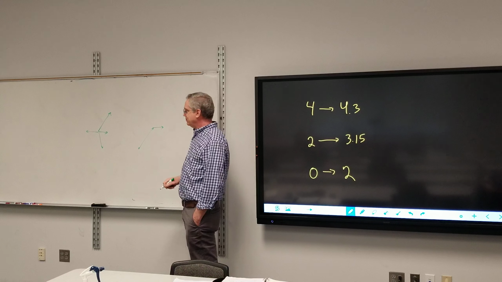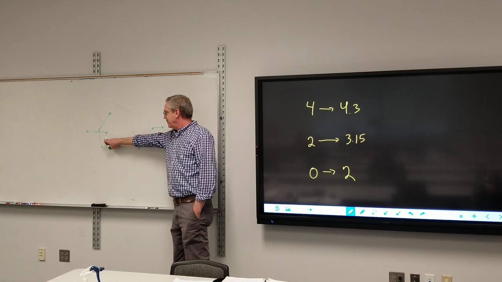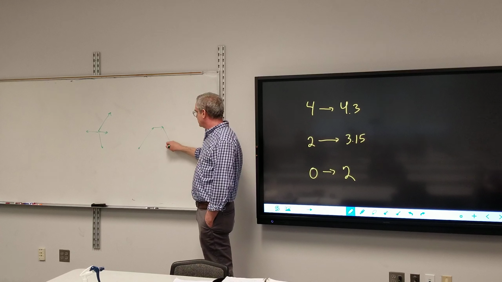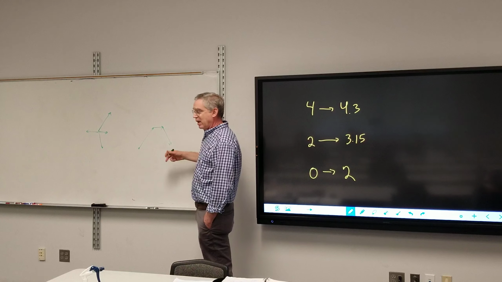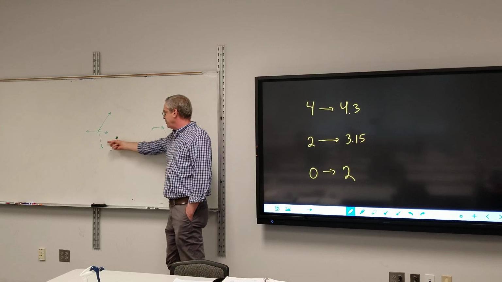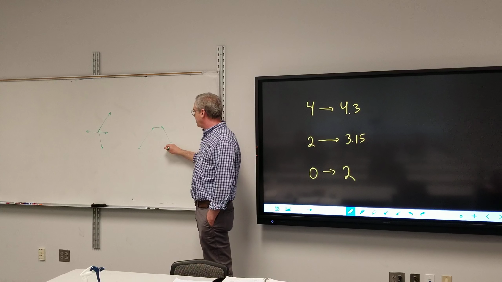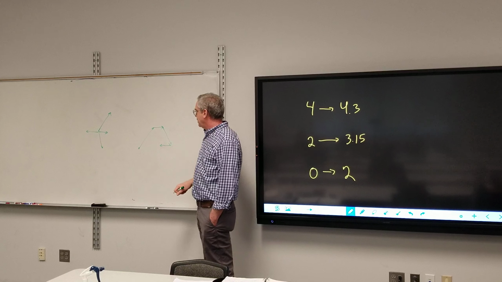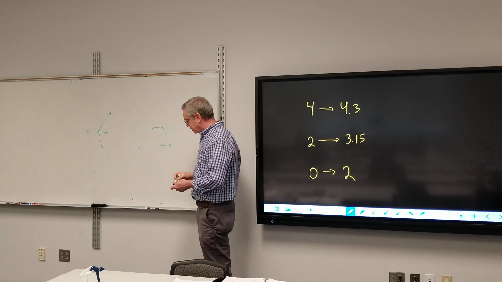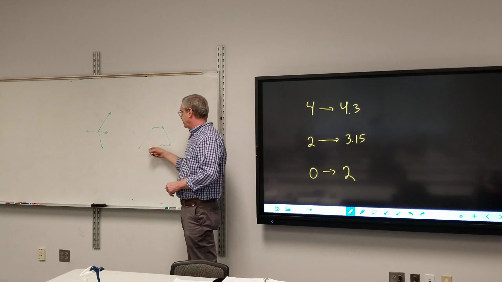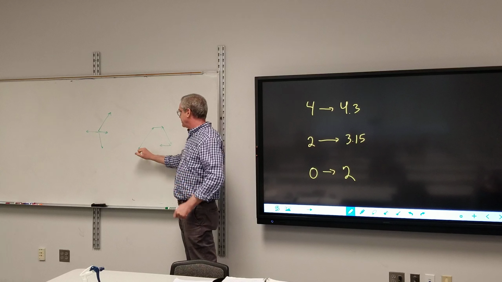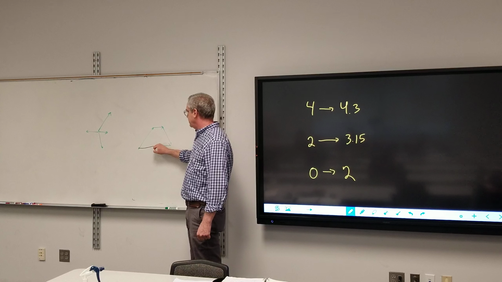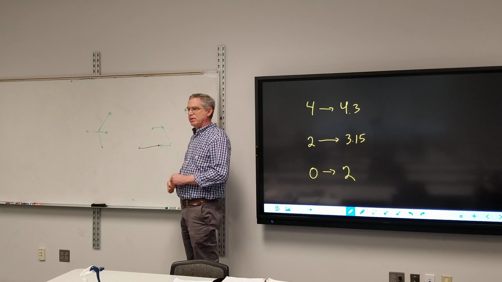Same length, same direction. Now I'm here. Then this one. Again, I'm probably a little bit off, but same direction, same length, and then I walk this way. So where am I relative to where I started? Well, I started there and ended there, so my sum is where I began to where I ended. That's the sum.